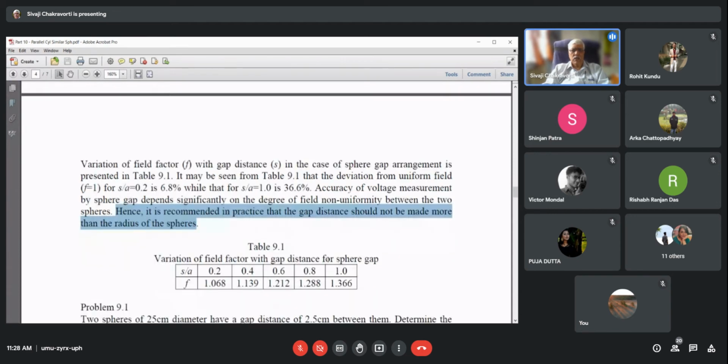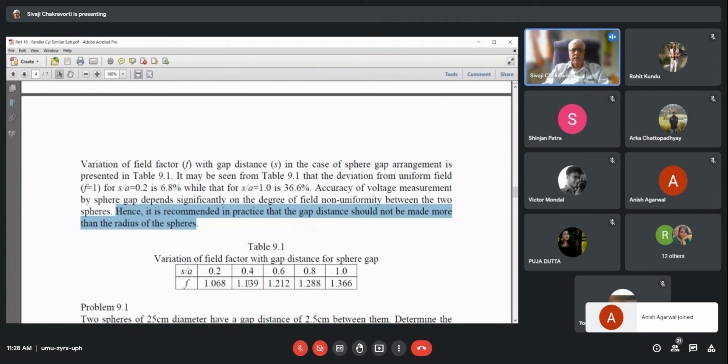Why? Because if S by A is 0.5, then from the following table you can see that this field factor will come out to be something like 1.15. Oh sorry, I made a mistake. This field factor F equal to 1 is actually the uniform case. So 1.15 is around 15%.